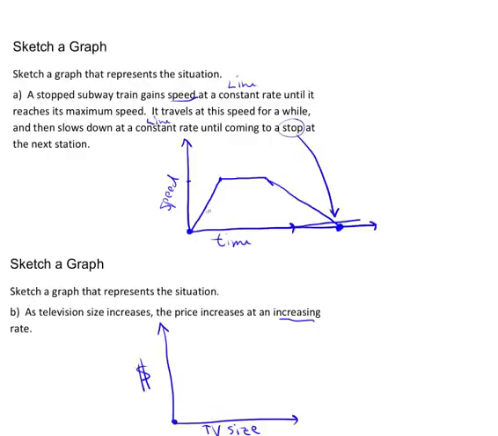So that means it's not going to be a straight line, because if it was a straight line, it would say at a constant rate. So I'm thinking a smaller TV, like really small, teeny ones, wouldn't be too expensive. But then as they get bigger and bigger, it's going to increase more and more. So that's that curved line.